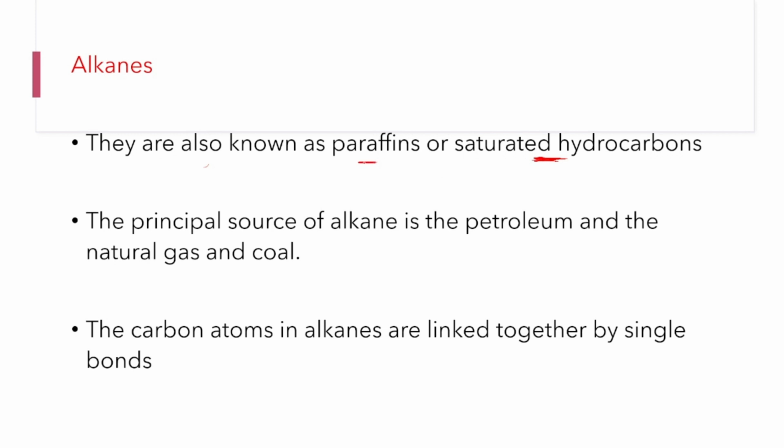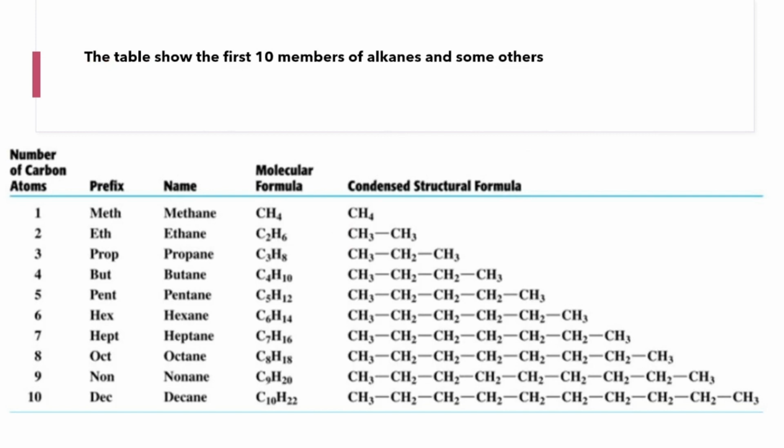So this is another name for the alkanes. So alkanes are saturated hydrocarbons that can also be named as paraffins. The carbon atoms in alkanes are linked together by single bonds.